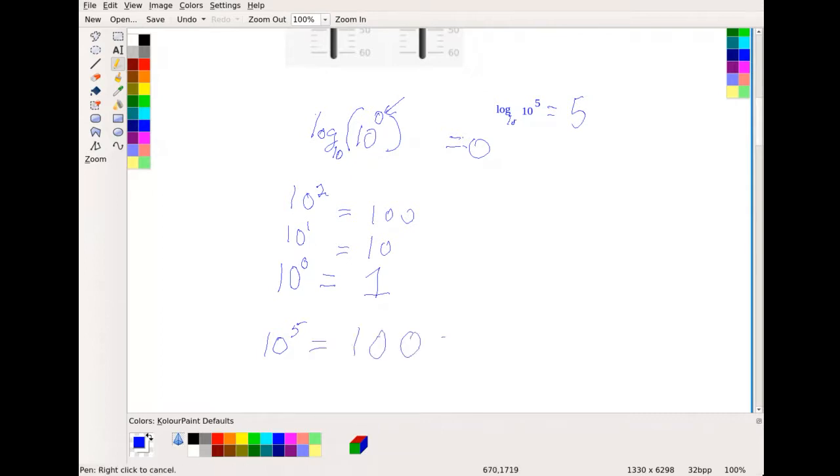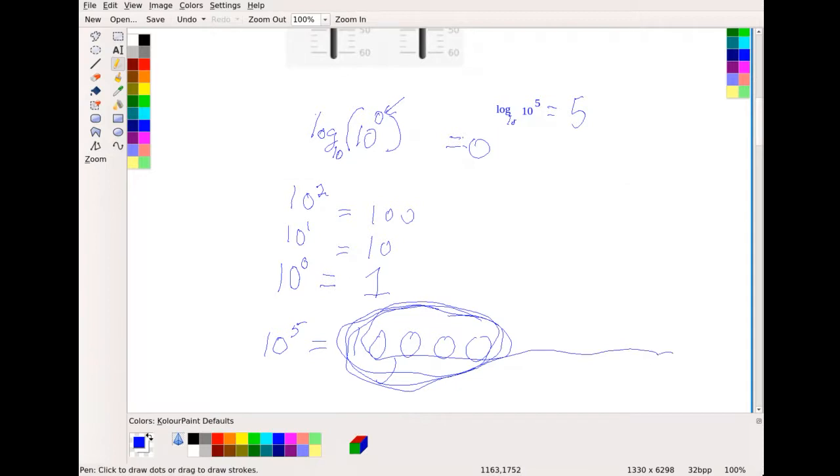Well, that is a big number. And so what happens is we're going up, 0, 1, 2, going up to 5, and the numbers get really, really big.